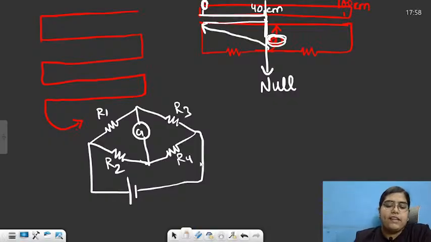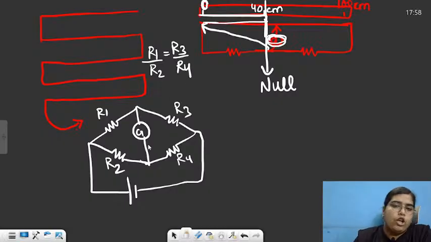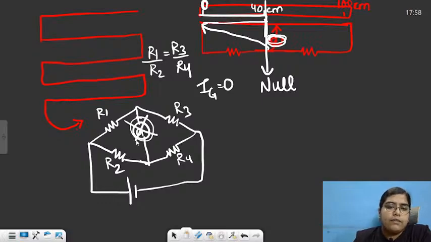There is a balancing condition in a Wheatstone bridge. The balancing condition states that whenever the ratio of R1 by R2 is equal to the ratio of R3 by R4, no current will flow through this galvanometer. The current flowing through this galvanometer will be zero, and we can simply remove this arm from the circuit. This was the balancing condition.